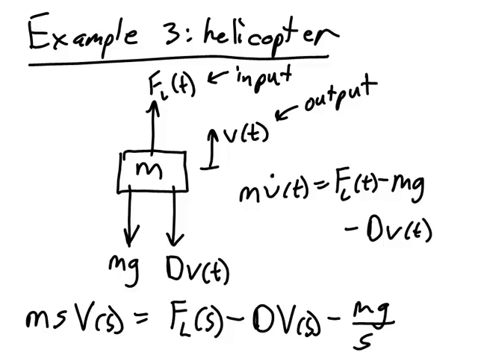This is similar to the way that in the spring mass damper problem, we defined the zero position of the mass as being the position it would hang at when gravity is pulling on it. In the same way, here I'm going to lump gravity together with the lift force by defining the lift force as the force of lift that is greater than or in excess of gravity.